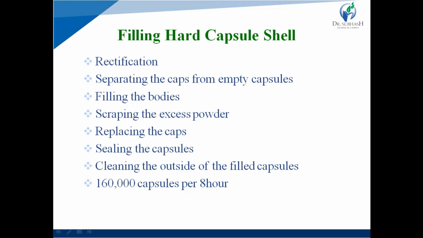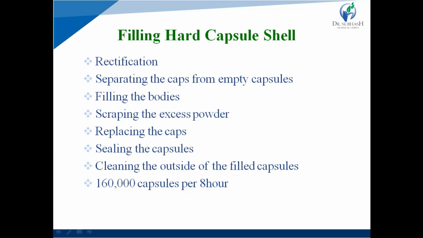Next one is filling of the hard gelatin capsule body. In this step, various types of equipment are used, like Zanasi, Pharmatic, Hoflinger, Karg, etc. Formation of compacts in a die plate using a tamping pin to form a compact.